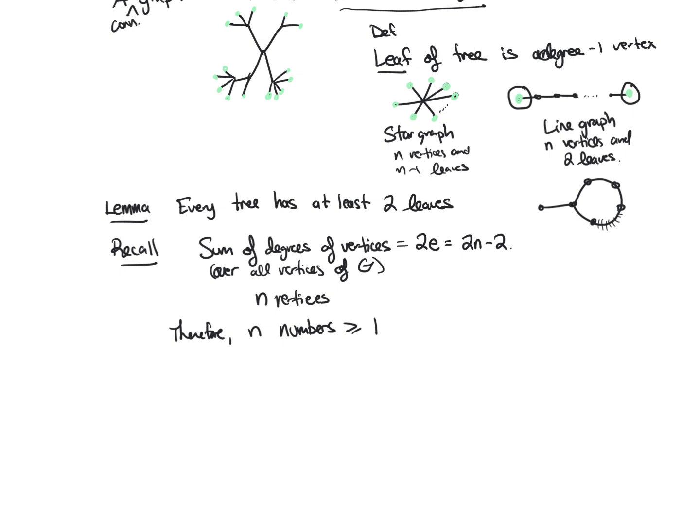So you have n numbers on the left-hand side, and they add up to 2n minus 2. So the pigeonhole principle tells you that at least 2 of them are equal to 1, because if there was only 1 equal to 1, then the sum would be at least 2n minus 1.